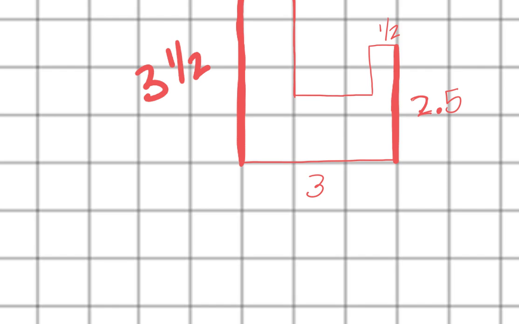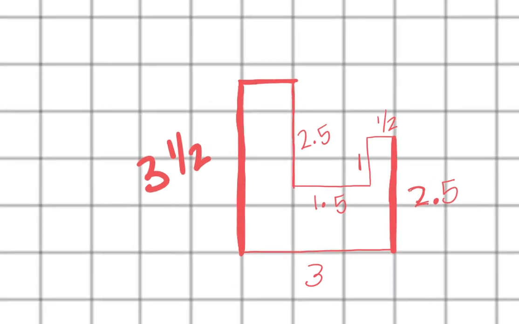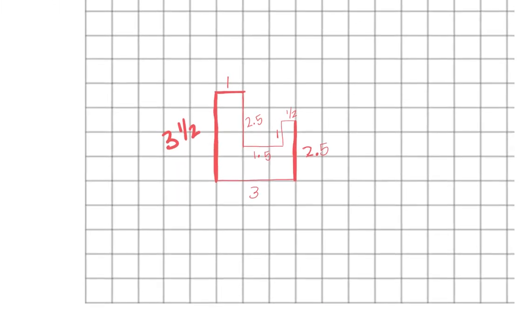Let me just go back and see what I can erase. There we go. So it's just 1. Oh my goodness. It's 1. This is 1.5. There we go. This is 2.5. And then the top one is just 1. Just going back and kind of labeling what I did.